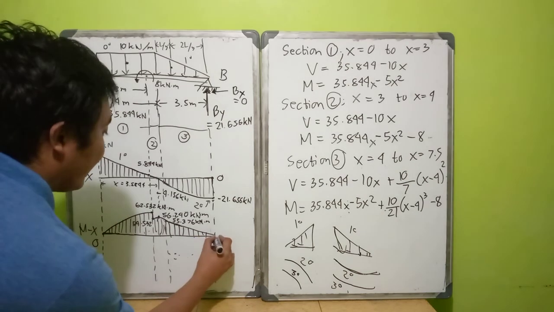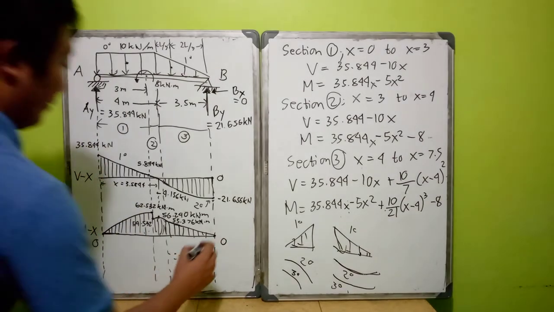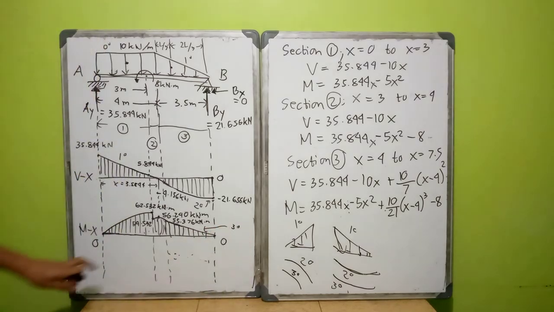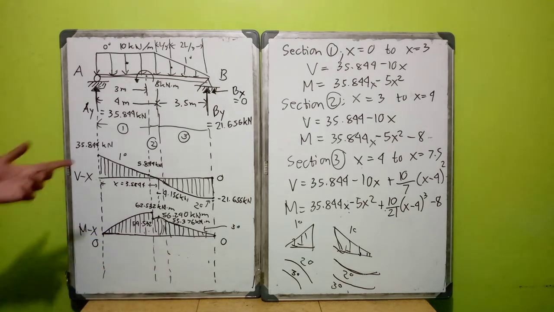You have just got round-off errors. So this will be a 3-degree curve here. Since we end up at 0, therefore our shear and moment equations are correct.